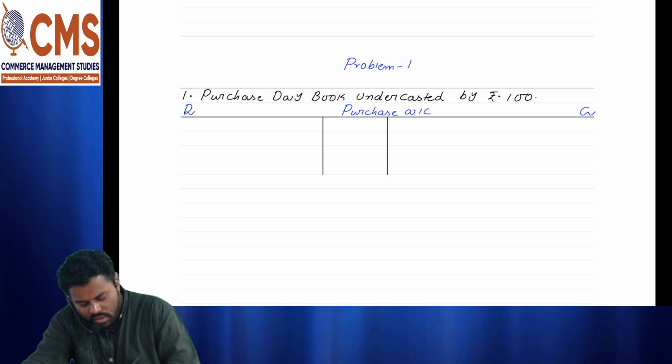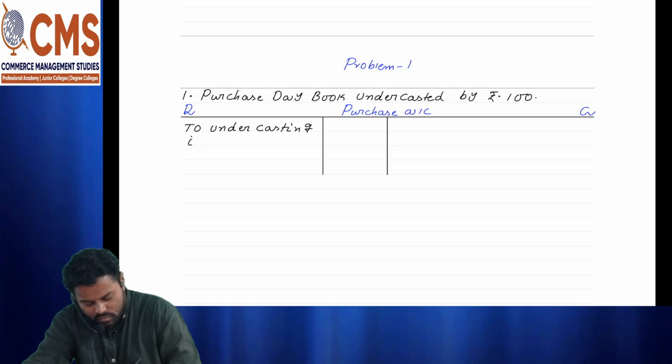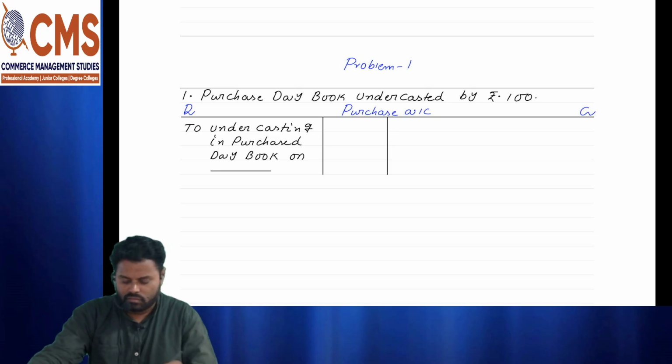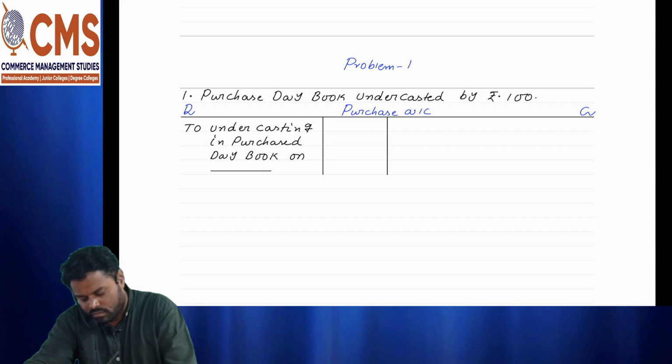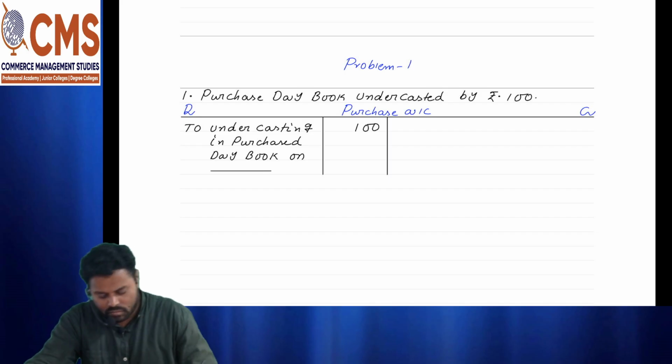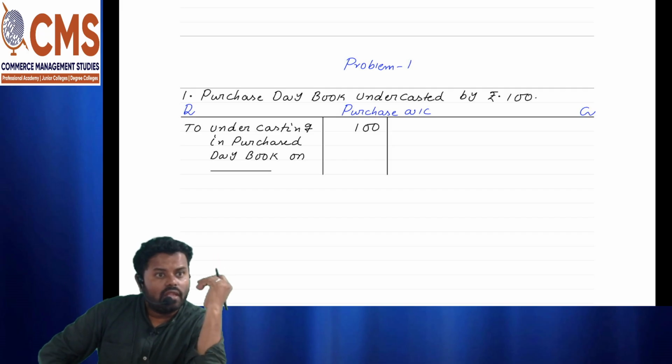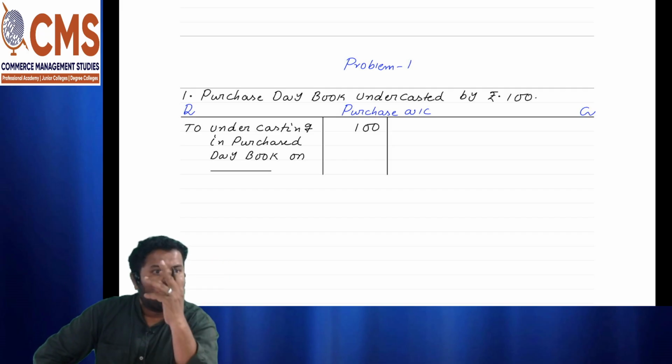So in purchase account, I will write it as... So instead of writing a statement or sentences and all that, what we are showing is in which account, on which side, and what amount.